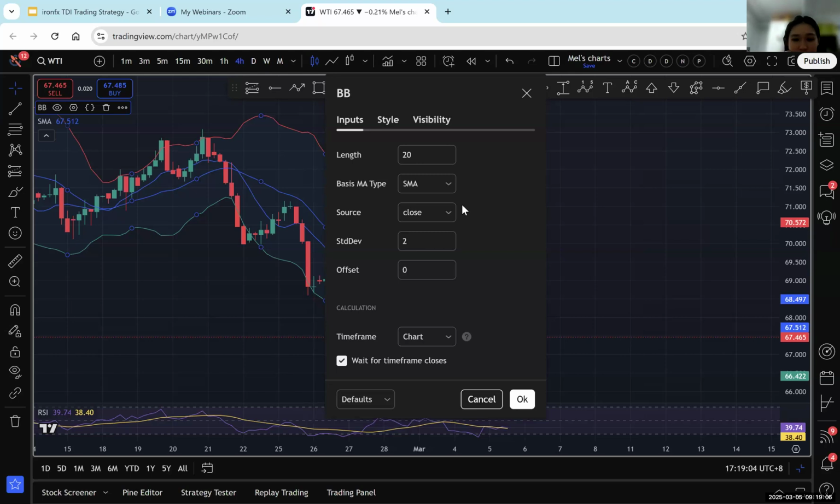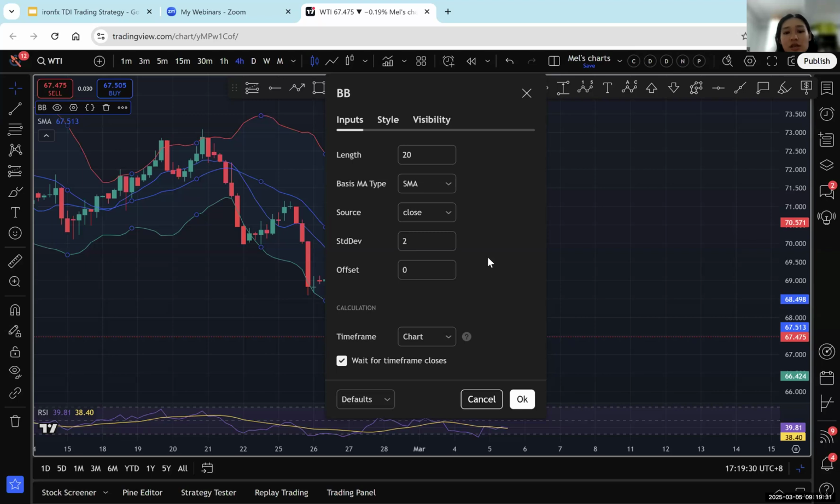For shorter term trading, you can consider decreasing it to a 10 to 15 period Bollinger Band, because then your bands will be tighter and would be better for quicker trades. If you're looking for swing trading, then you can stick to this 20 period Bollinger Band setting.